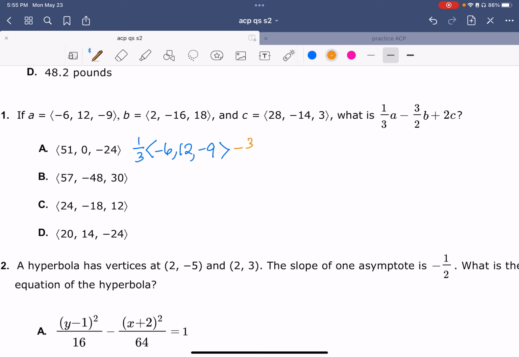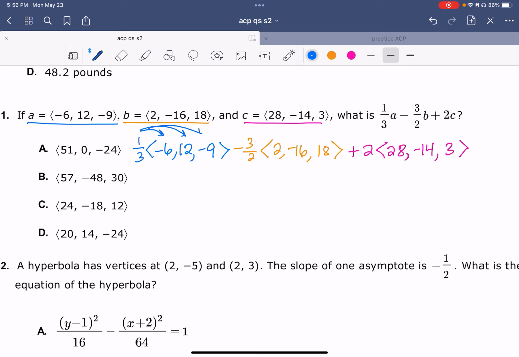And I'm going to color code it just so you guys can tell them apart. Okay, so this is C, B, and A. Okay, when you have a scalar times a vector, all you need to do is distribute that into every part of the vector.